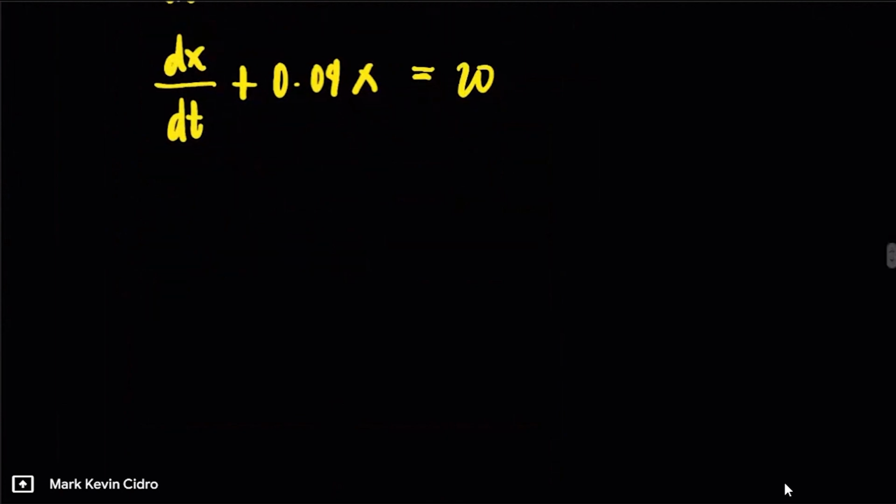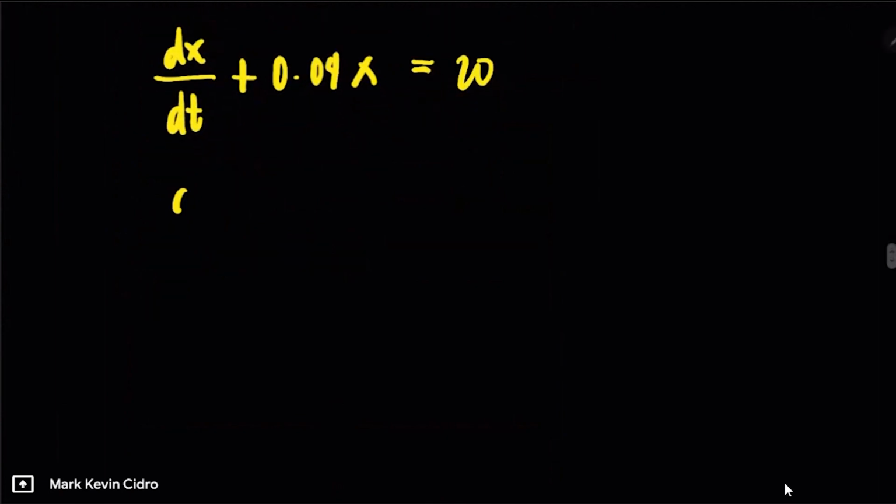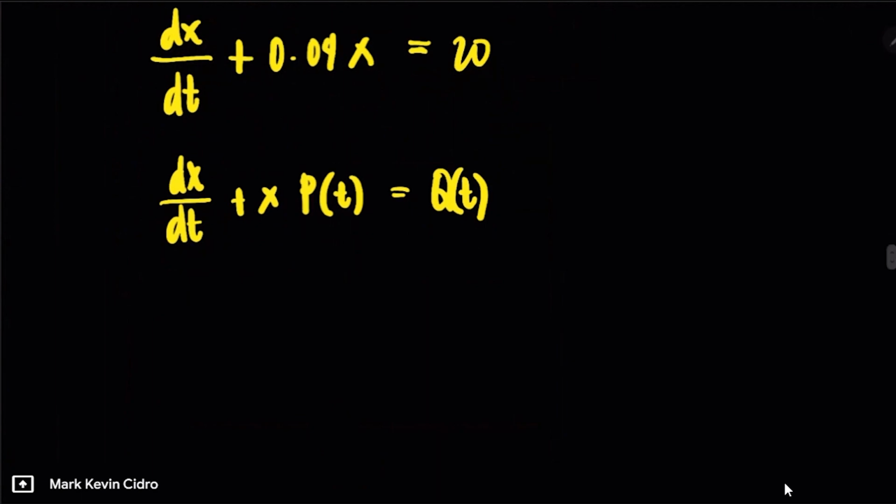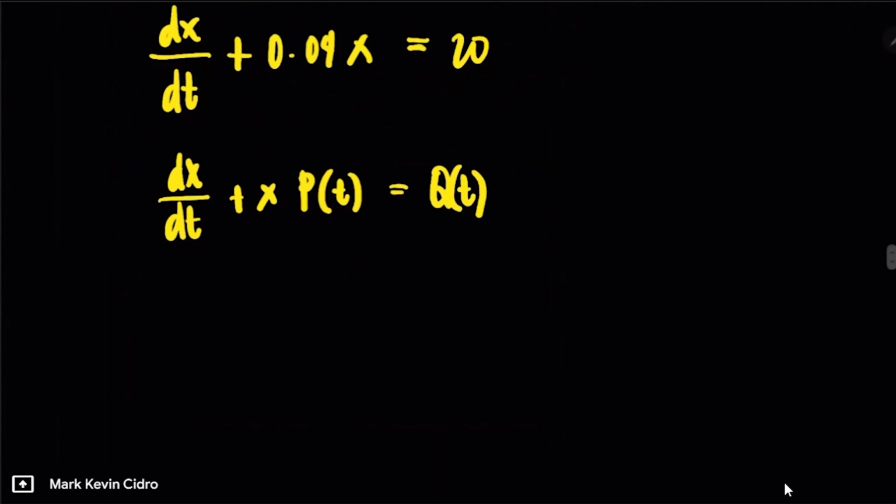Do you remember this from earlier? dx over dt plus x times p of t is equal to q of t. Isn't that the linear equation from before? This is the standard equation.